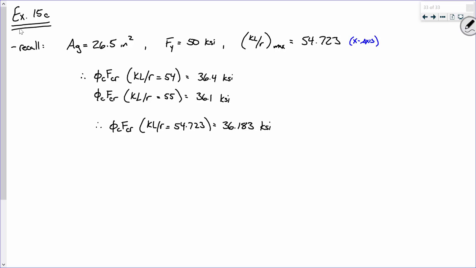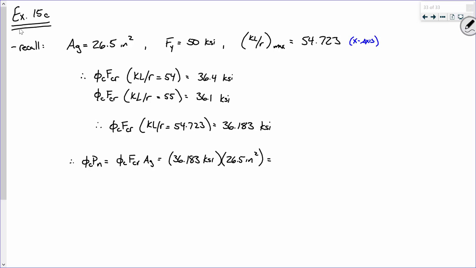Okay. So to compute the capacity, all we do is this. We take phi F critical and multiply it times Ag. So we take 36.183 KSI and we multiply it times 26.5 inches squared. Again, I know you see this calc and you're like, wait, didn't you forget a phi?